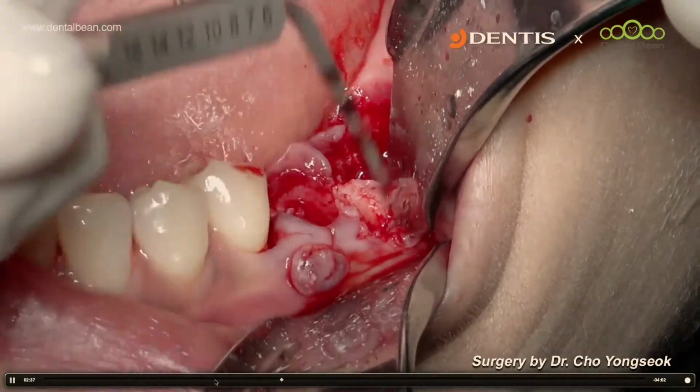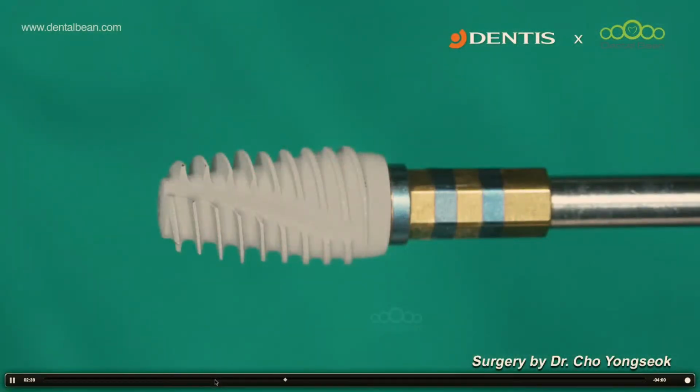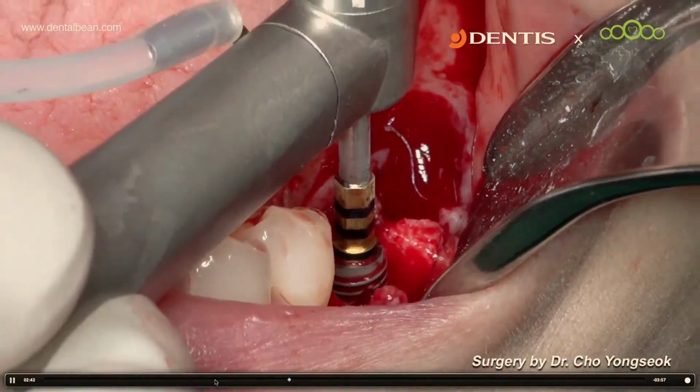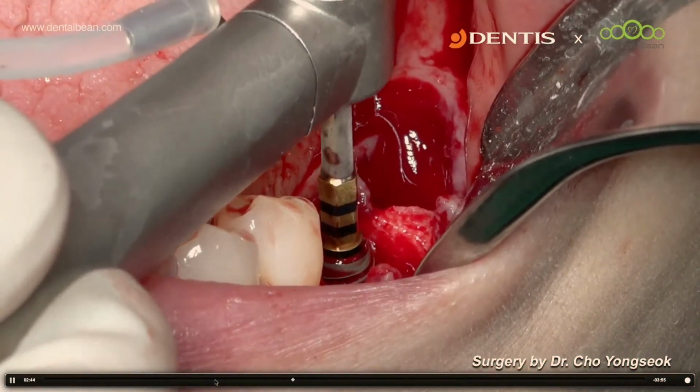Check the safety overhaul. Then XL fixture was placed.